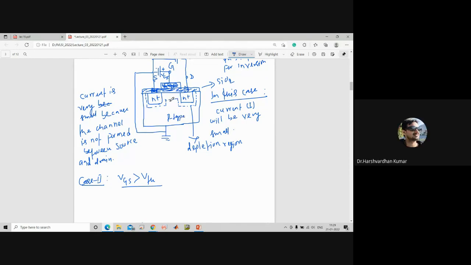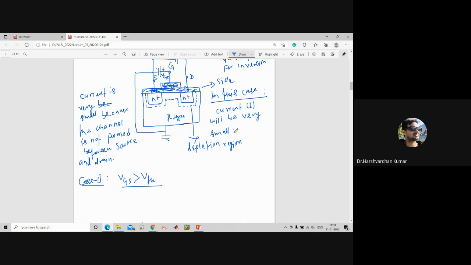So it will attract them towards the surface of the junction, but still it will not penetrate this depletion layer because of the majority charge carriers, the p holes, still there, right? So there will be a very small, negligible current, or you can say reverse saturation current.